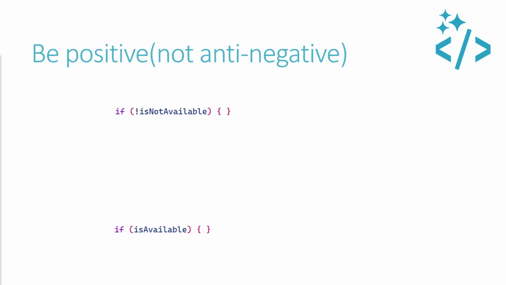Also, an important thing about naming variables and Boolean values: we should not be anti-negative. This makes the conditions much harder to understand. So instead of doing this is not, if we put another negation at the beginning, then it's very hard to understand. We should go with positive values.